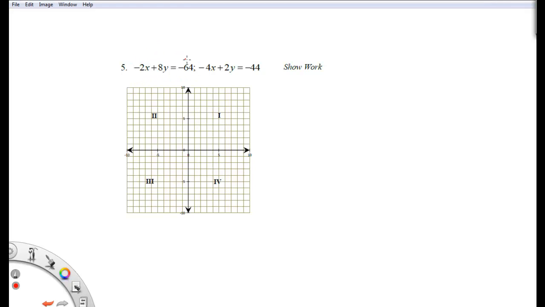So I know I'm going to move the negative 2x over across the equal sign, so that's going to make it a positive 2x. And I'm going to divide that by 8. Run out of room there.